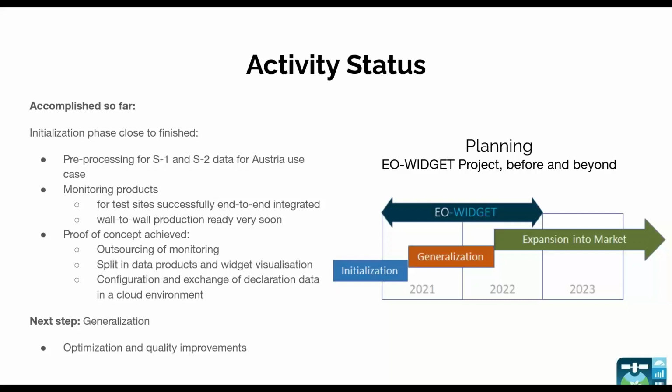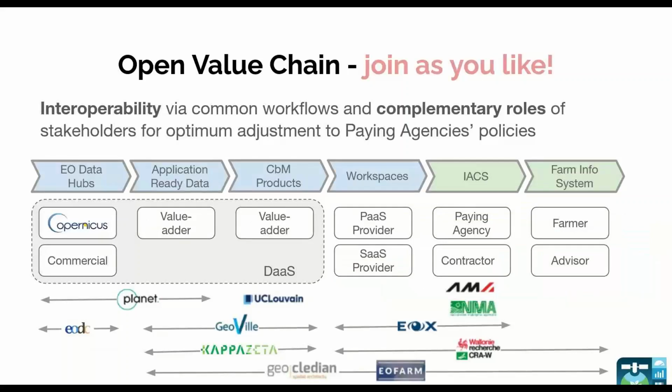And by that, Gerhard, there's your slide on the open value chain. Thank you. Well, I want to emphasize that by no means GeoWheel and EOX think that they can deliver the whole value chain just by themselves. So the built-in concept, the understanding that we have developed of how the value chain can be broken up, is shown here. From the low-level Earth observation data provision on the left-hand side to the advanced services for paying agencies on the right-hand side, for IACS, and even to farmers.